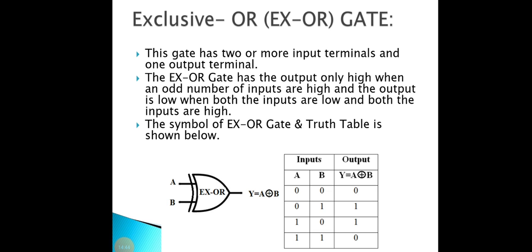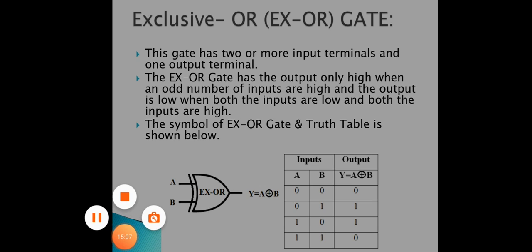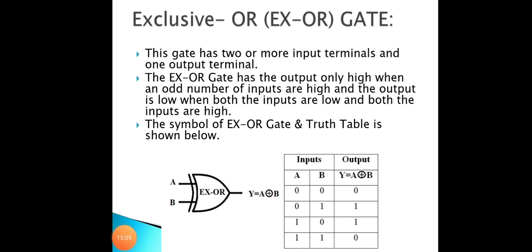The XOR gate has output high only when an odd number of inputs are high, and the output is low when both the inputs are low and both the inputs are high, as shown in the second and third case in the truth table. The logical expression is Y is equal to A XOR B.